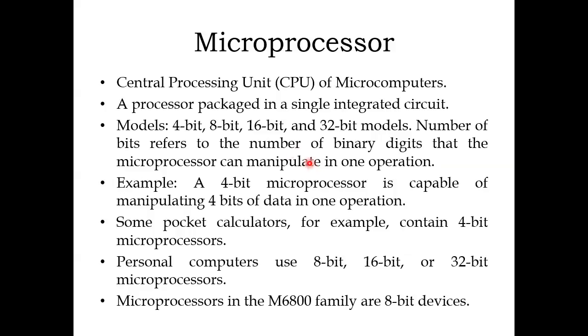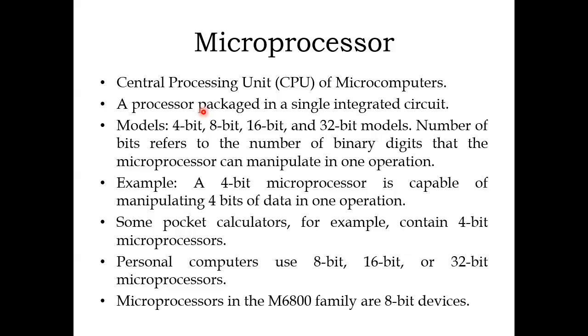So we have many generations of microprocessor, like 4-bit, 8-bit, 16-bit, 32-bit. The ones that you have in front of you, most of these are 64-bit, right? And these bits mean that, for an example, if I make it simple, as I said before, the only arithmetic operation the microprocessor does is addition, right?